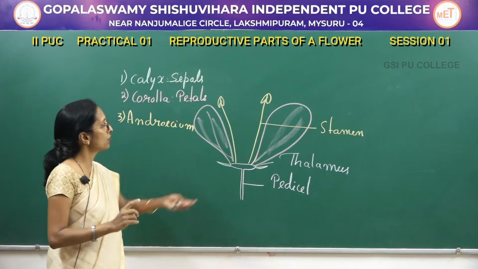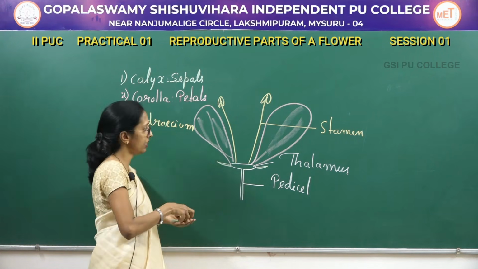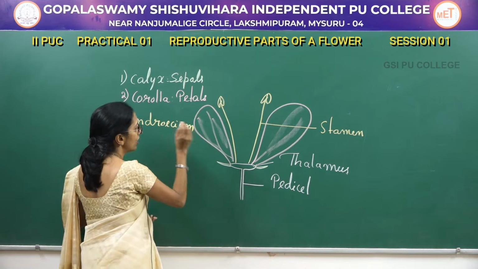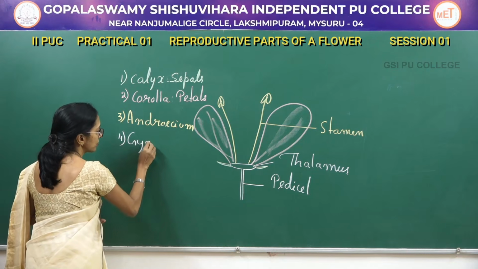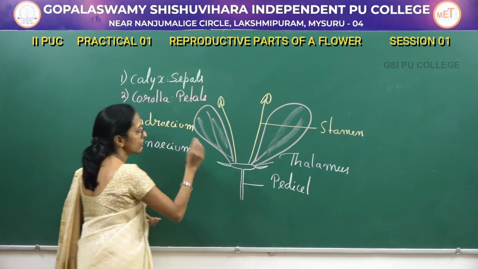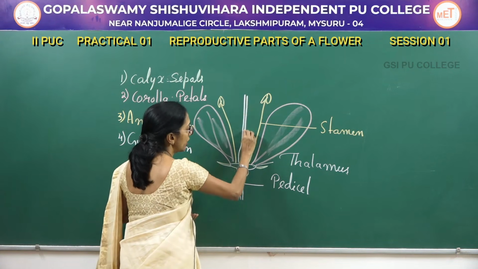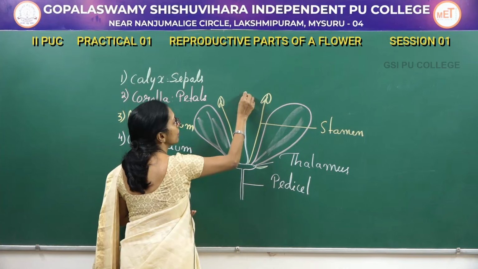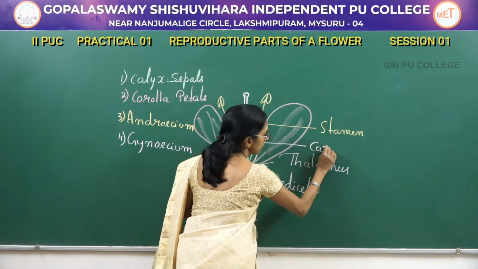The function of these stamens is to produce pollen grains. Then the innermost whorl is said to be gynoecium. Gynoecium consists of female reproductive units, and these female reproductive units are said to be carpels.